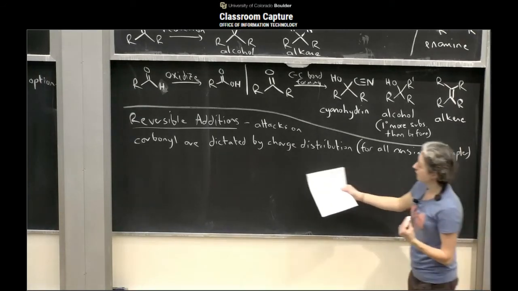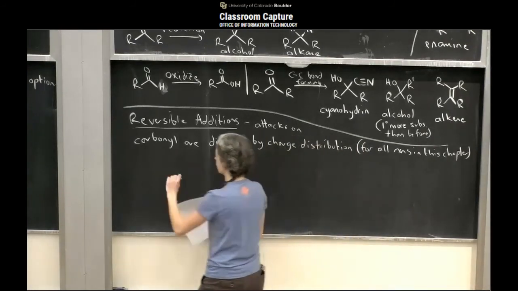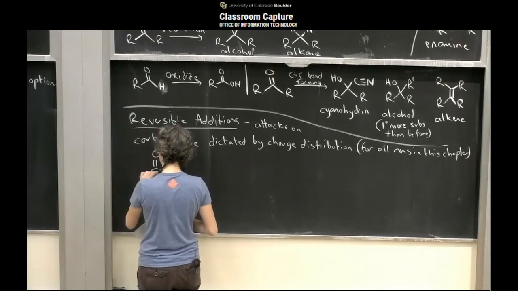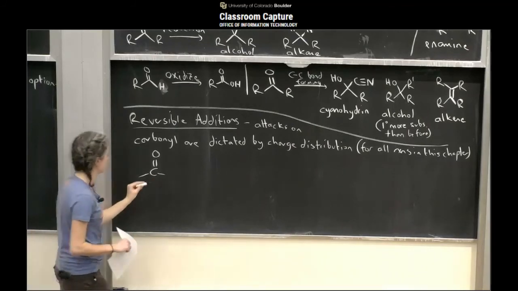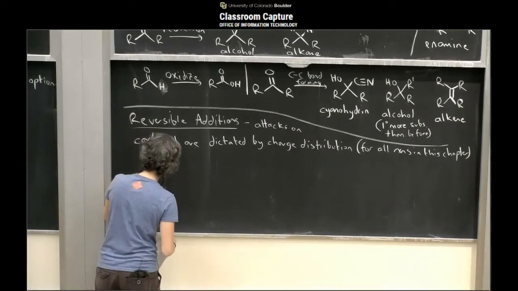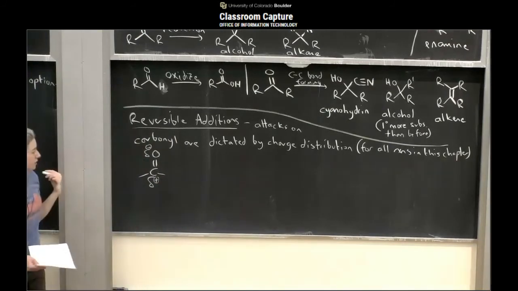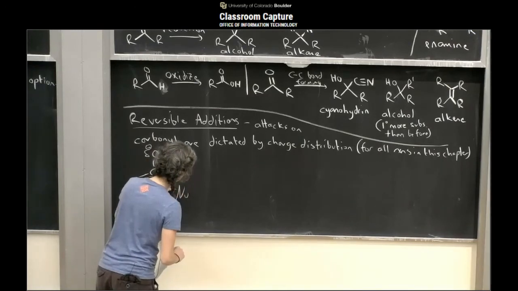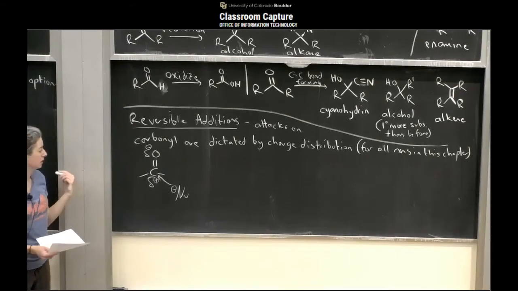So if you know one thing about carbonyl reactivity, this is the thing to know: whatever else you have attached here, the carbon has a pretty decent sized delta positive, and the oxygen has a pretty sizable delta negative. So any nucleophile you have is going to come in and attack the carbon of the carbonyl.